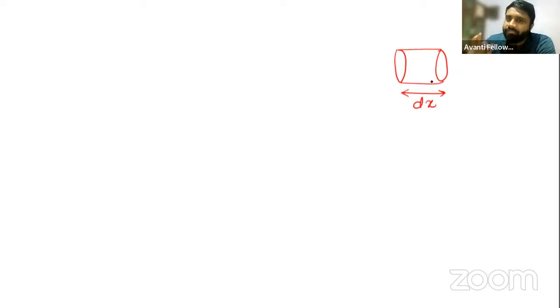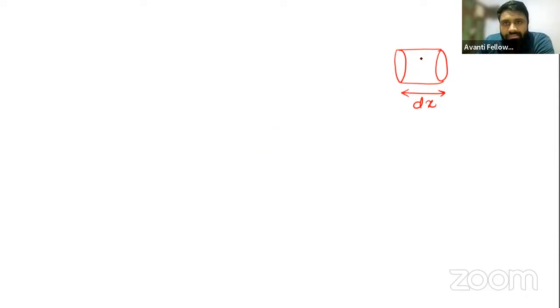Now you will understand why I'm taking this as dx, because the tension that is developing a stretch in this bar is varying with x. So I have to consider a small length for which I can assume the tension to be constant and calculate the differential elongation.